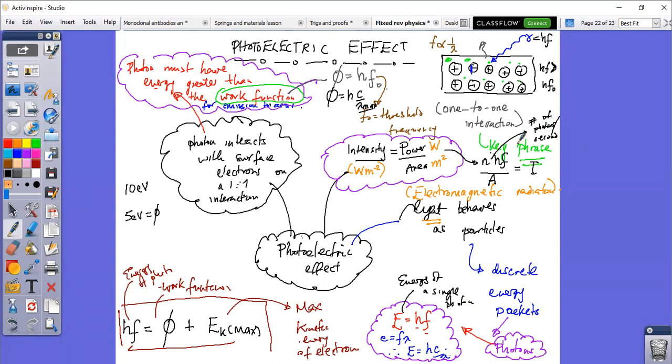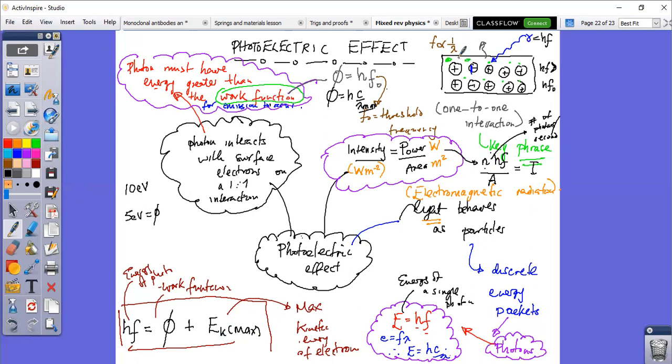Okay, so this is the formula for intensity. Now let's think a little bit about how intensity affects the electrons that are emitted. How does it affect them in terms of the kinetic energy, and so on? So if the photoelectric effect is at play and electrons are leaving a metal surface, and I increase the intensity, meaning I increase the number of photons per second, how does that change the maximum kinetic energy of the emitted electrons?